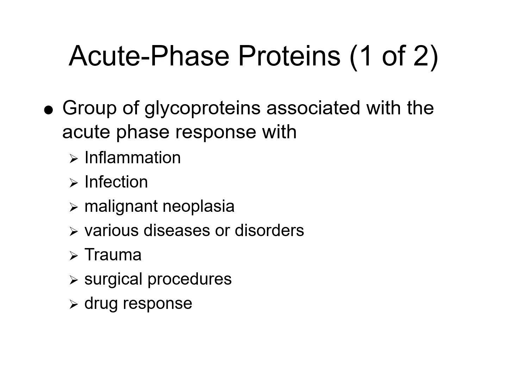Acute phase proteins are a group of glycoproteins whose levels change in response to inflammation or tissue injury. They are part of the acute phase response, which is a systemic reaction to stress or disease.